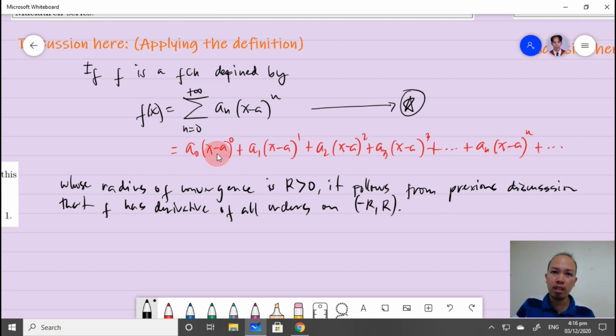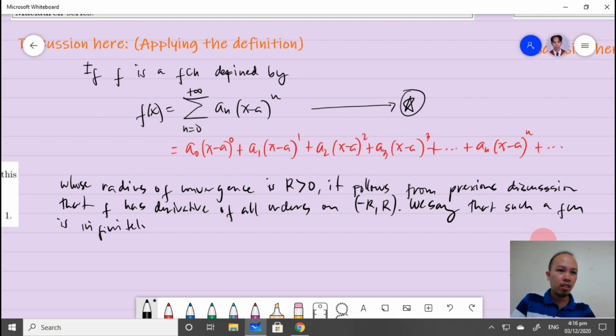Our r is greater than 0. This is the interval of convergence. So we say that such a function is infinitely differentiable on negative r to r, this interval here.